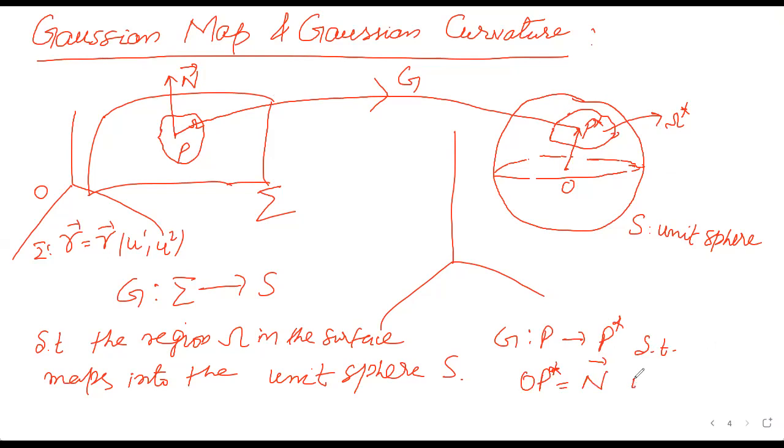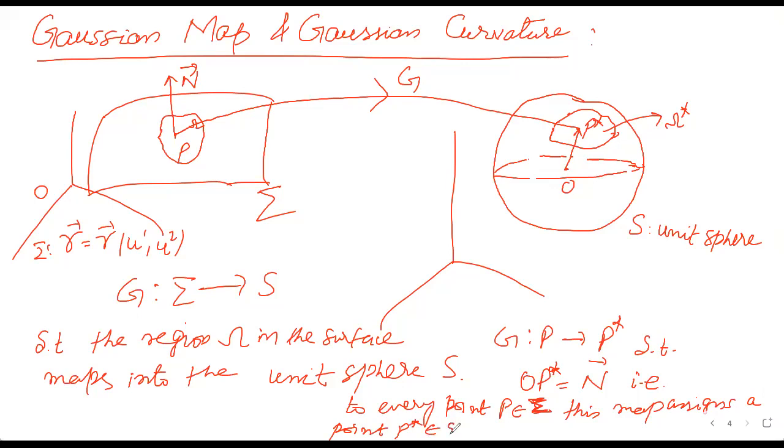That means to every point P belongs to sigma, this map assigns, assign means it maps, it gives its image, right. It assigns a point P star in S such that OP star is equal to N. That means whose position vector is OP star.